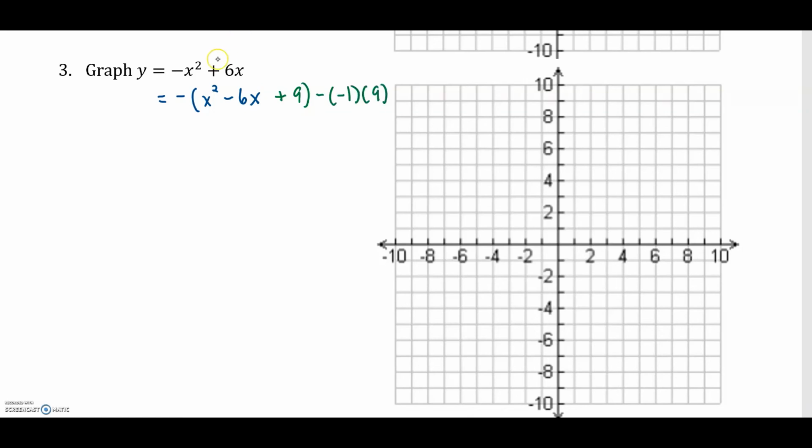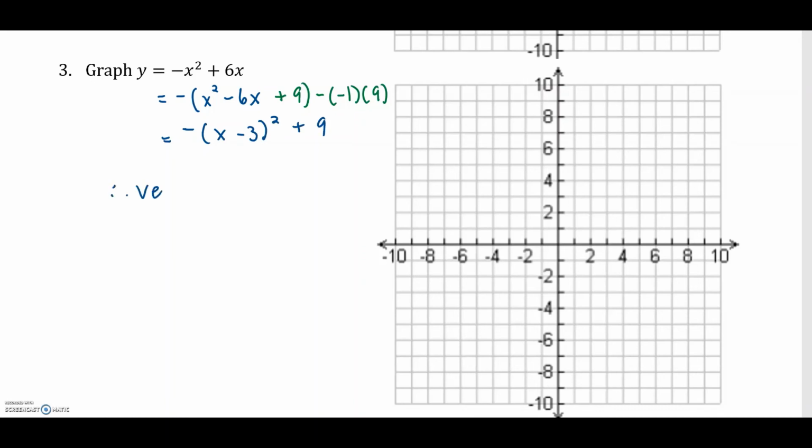So that negative 1 comes from the negative 1 outside. And because we added 9 in, we have to subtract the same value. Now, this simplifies to negative (x minus 3) squared plus 9.